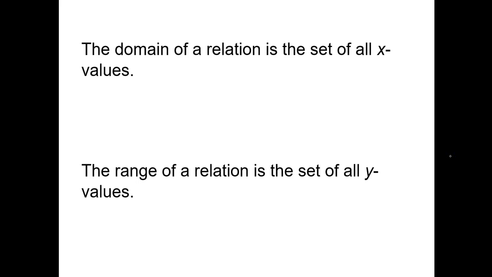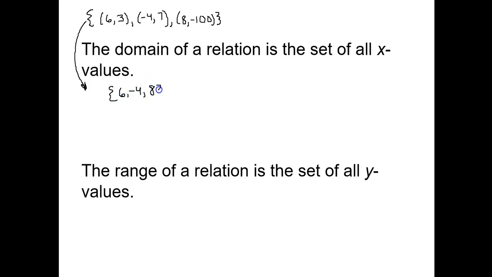Now in a relation, when you're looking at those x, y ordered pairs, the domain is the name for the set of all the x values, and the range is the name for the set of all the y values. So if you have a relation such as (6, 3), (-4, 7), and (8, -100), in that case the domain would include the 6, the -4, and the 8.